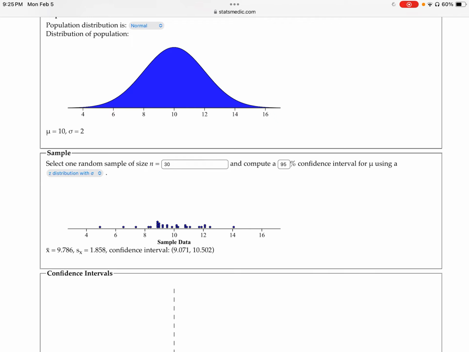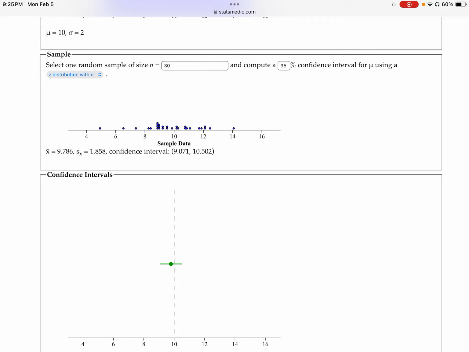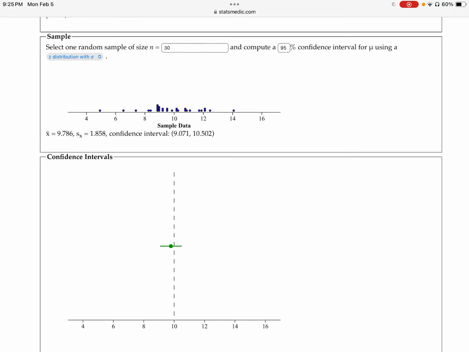The confidence interval it created is also listed right there, 9.071, 10.502. And it placed it right here, kind of on this little make-believe vertical plot. The dotted line at 10 is showing you where the parameter is, and then that interval it just found is the green line.